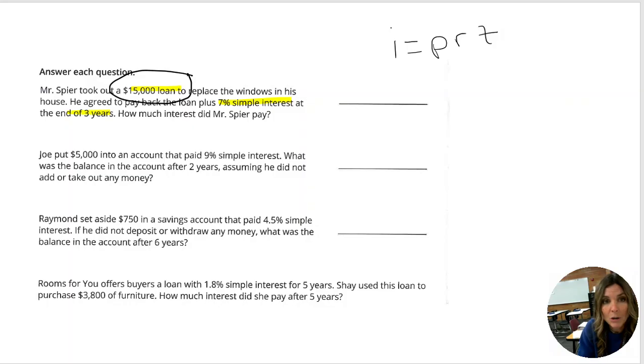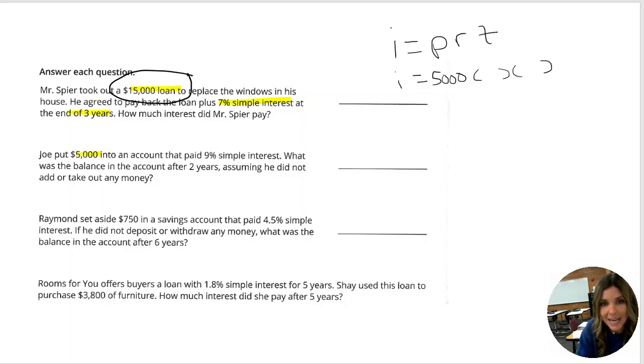So Joe put $5,000 into an account. So that is his principal amount. That's our starting amount. That goes in for the P. We're then going to multiply that by the R and T, and that will help us to figure out what our I is. So 9% simple interest.